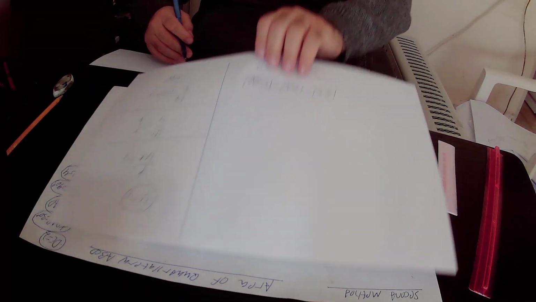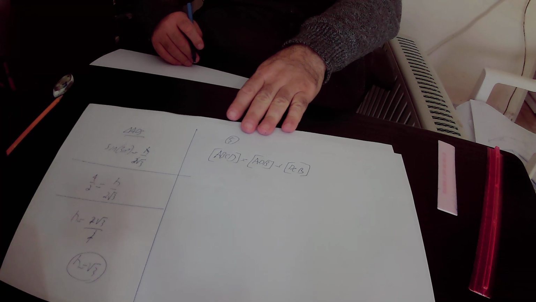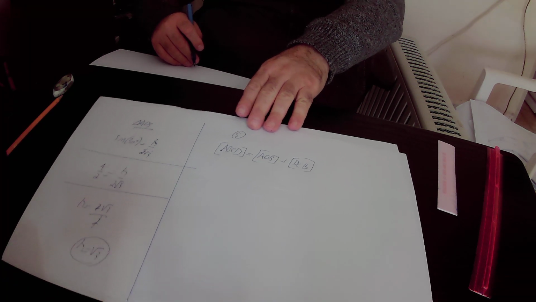I'll repeat again, the area of quadrilateral ABCD equals the area of triangle ADB plus the area of triangle DCB.